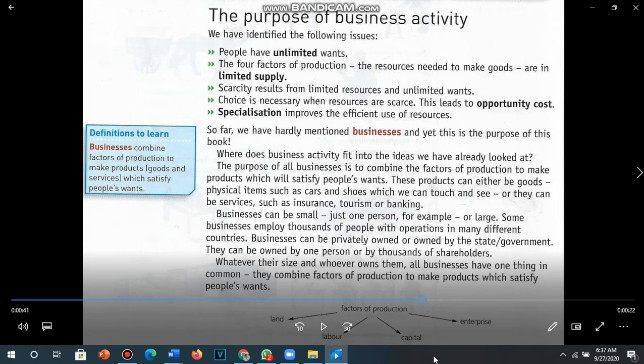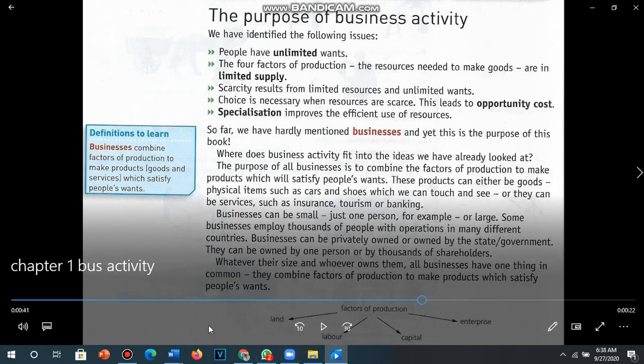Businesses can also be small, just one person, for example, like Joe Sharma. No, Joe Sharma only, because Jack Sharma has made the business bigger in time, or large, like what Jack Sharma did in their family business. Some businesses employ thousands of people with operations in different countries. Businesses can be privately owned or owned by the state or government.